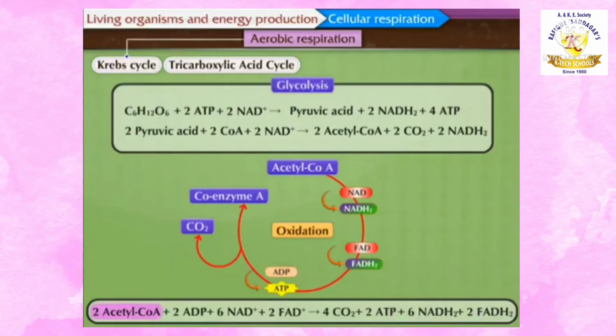Remember, children, acetyl coenzyme A oxidized in Krebs cycle is derived from pyruvic acid, which is derived from glucose. Thus, it means that the oxidation of acetyl coenzyme A is nothing but the oxidation of glucose.